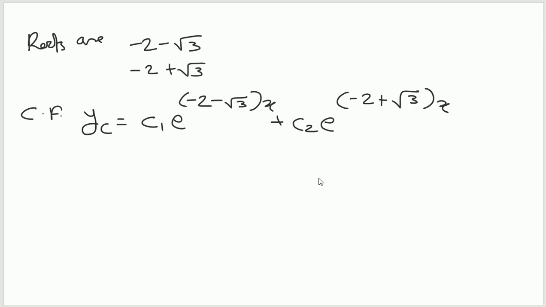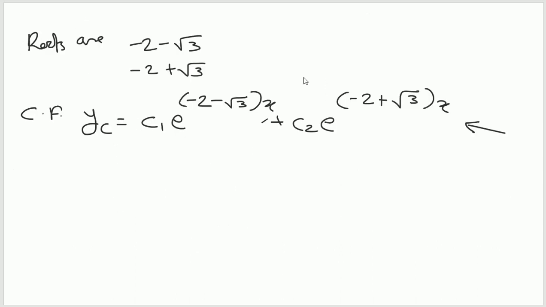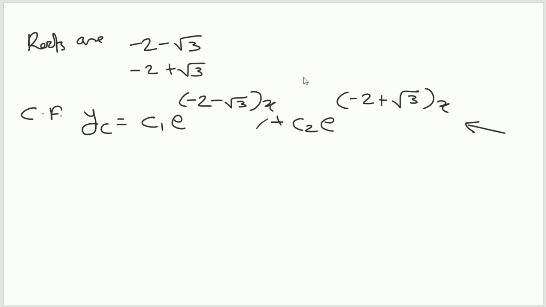So this is the complementary function of our differential equation, d square y upon dx square plus 4 dy by dx plus y is equal to e raised to x. So this is how we can find complementary function. This was an easy case when we have both real and distinct roots.